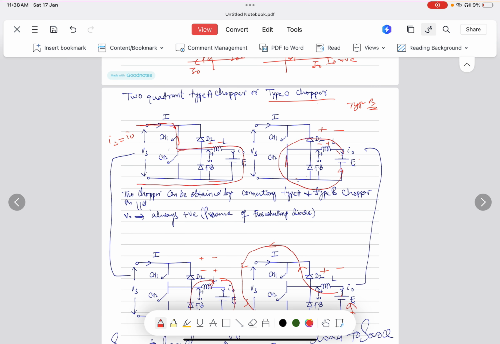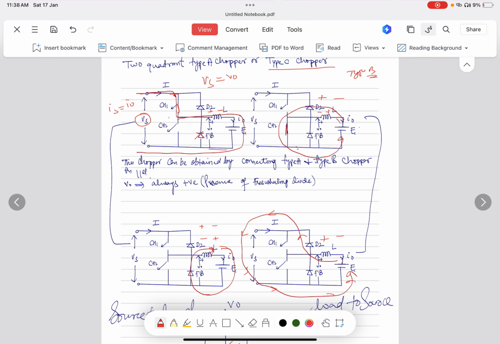You can see that when CH1 is on, the supply voltage is equal to the load voltage. How is that possible? Because the freewheeling diode is not conducting at that particular point of time, it acts like an open circuit. So Vs is across the load. So Vs equals V naught here.